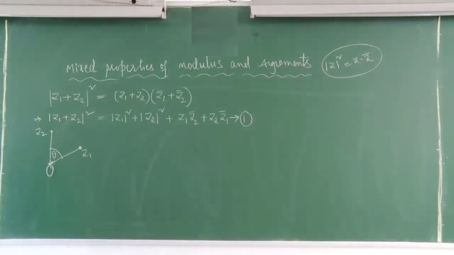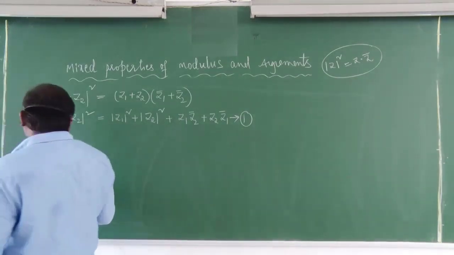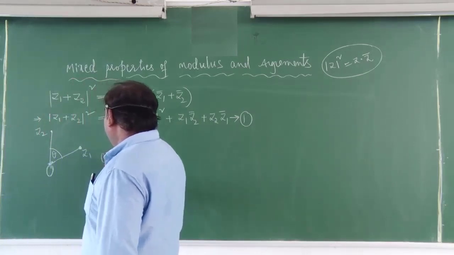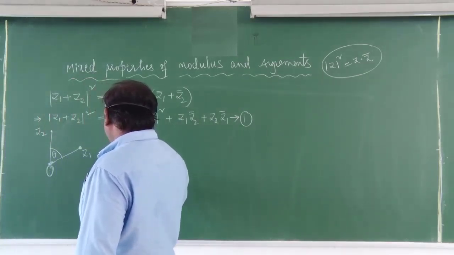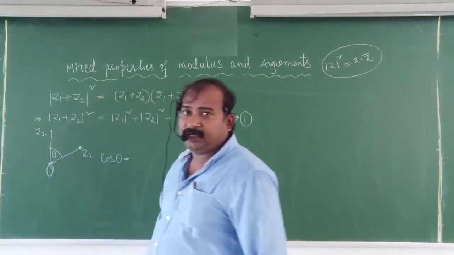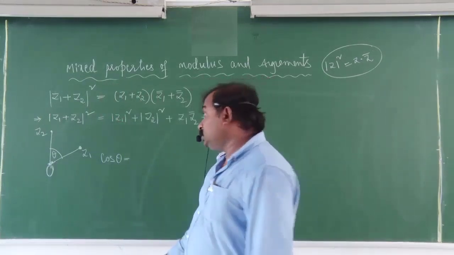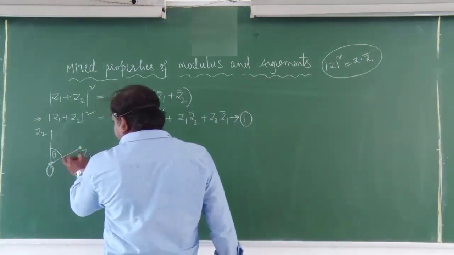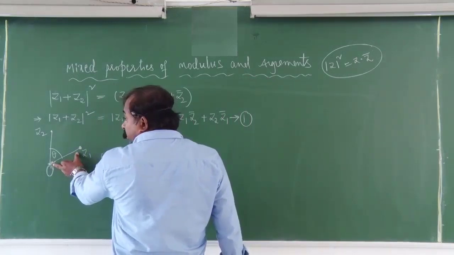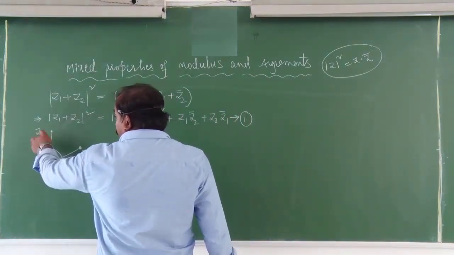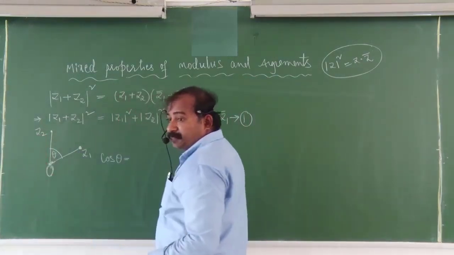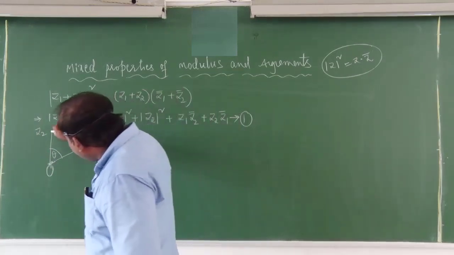Now tell me, what is the cos theta formula? Cos theta equals the cosine rule, based on the properties of triangles. What is the cosine rule? Tell me. If this is Z1, what is this value? Modulus Z1 only. If this is Z2, what about this value? Modulus Z2. And what about this value?